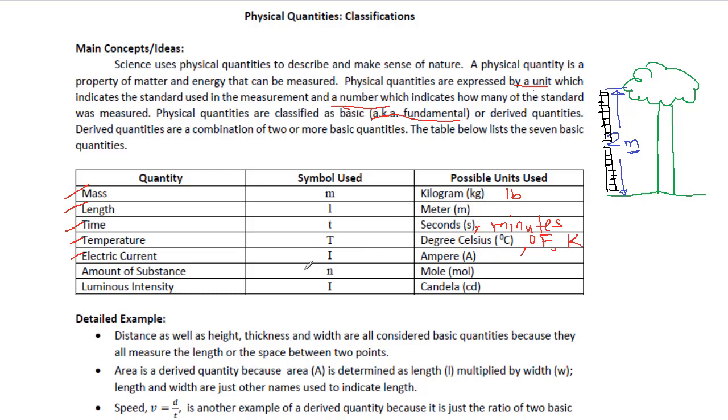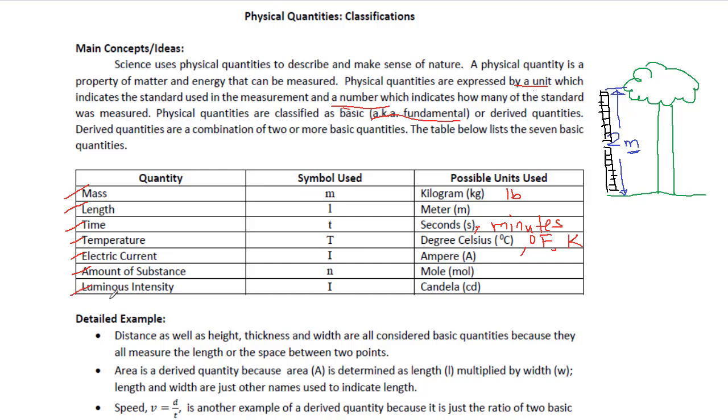For example, if you're familiar with a circuit breaker or a fuse, these are rated in terms of the maximum electric current that can flow through it, and it will trip off to protect your appliances and your house if there is an overcurrent. Perhaps a 10 amps fuse means if the current exceeds 10 amps, then the fuse will break and will cut off the power supply. Amount of substance, normally heavily used in chemistry, we have moles.